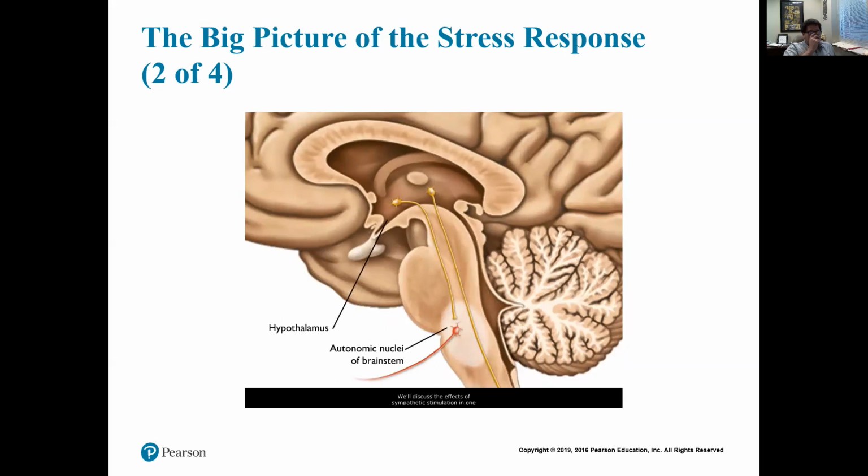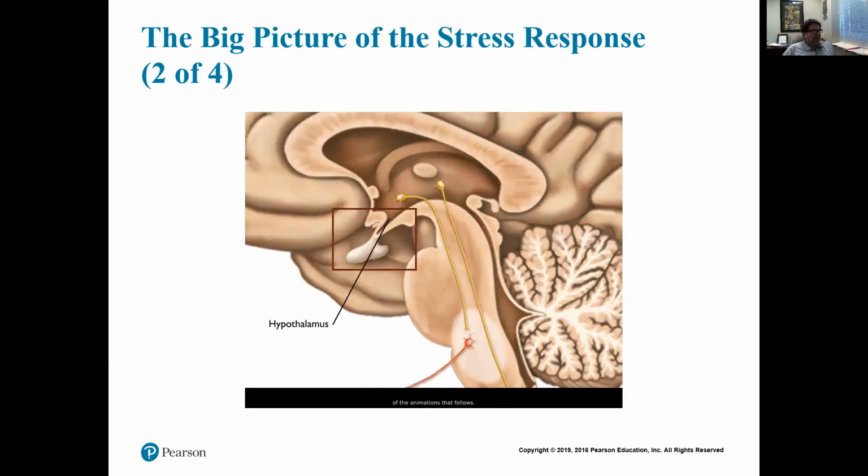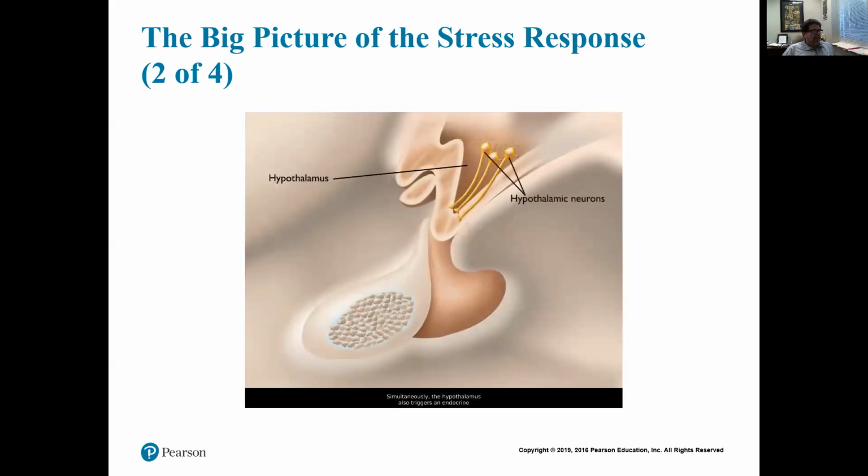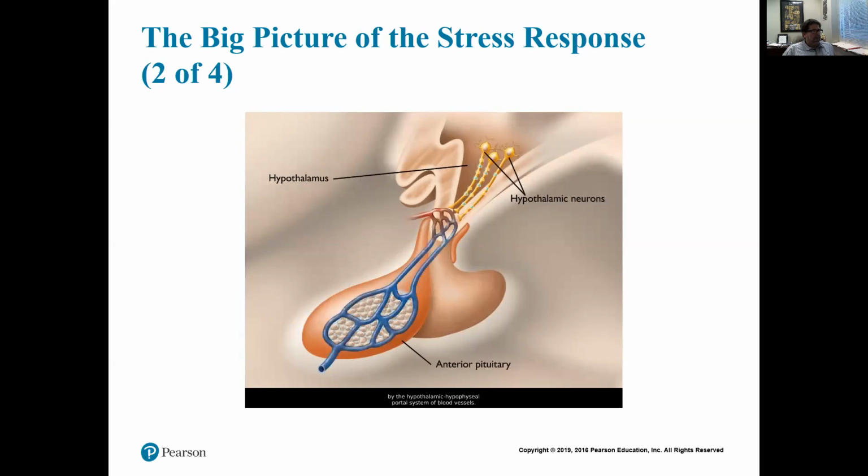We'll discuss the effects of sympathetic stimulation in one of the animations that follows. Simultaneously, the hypothalamus also triggers an endocrine response by releasing hormones that stimulate the anterior pituitary gland. The anterior pituitary gland is located inferior to the hypothalamus, and the two are connected by the hypothalamic hypophyseal portal system of blood vessels.